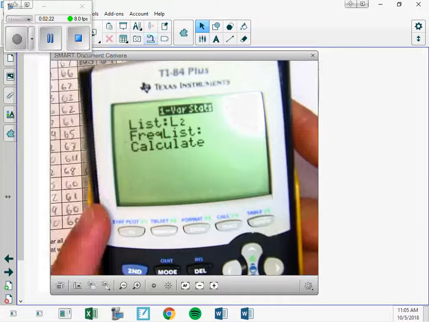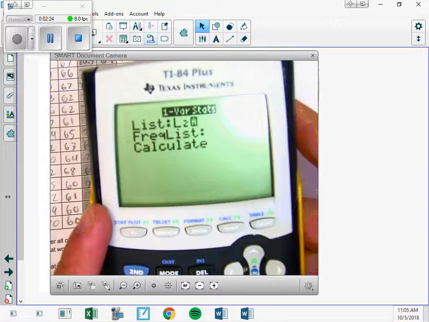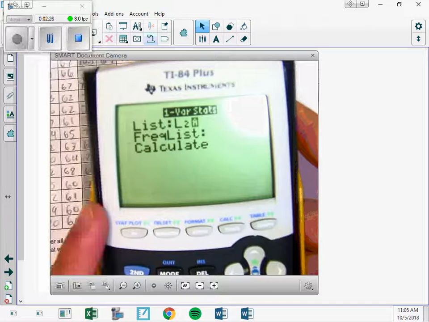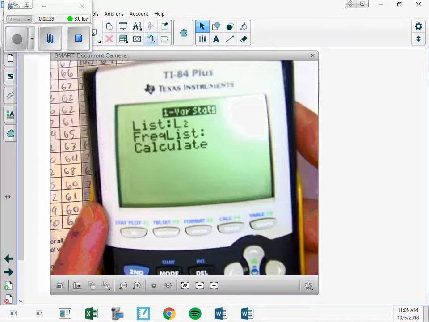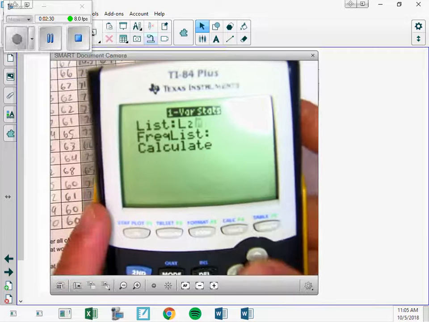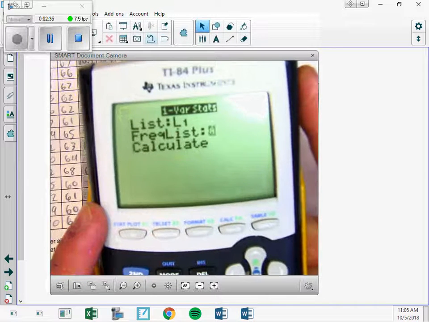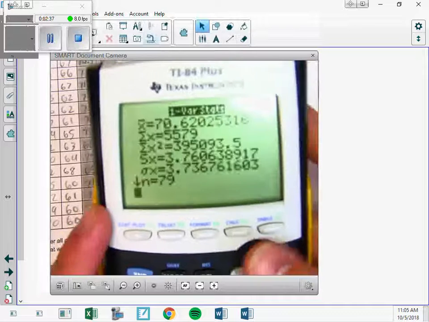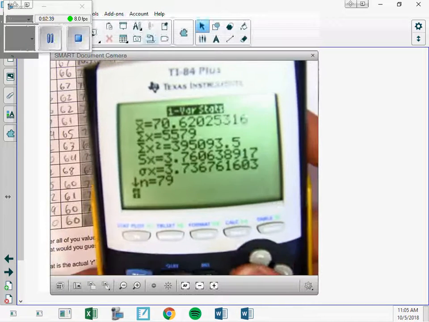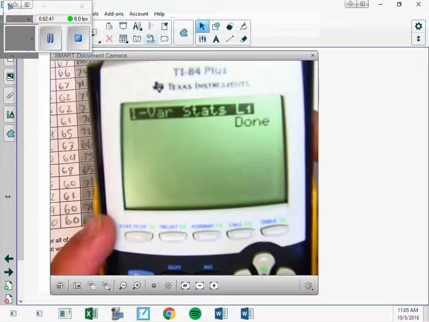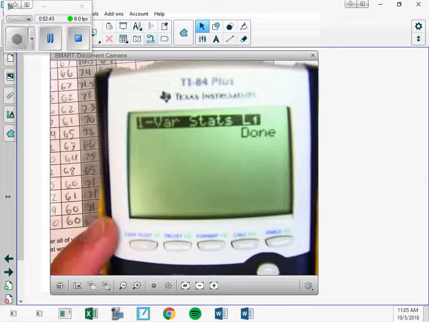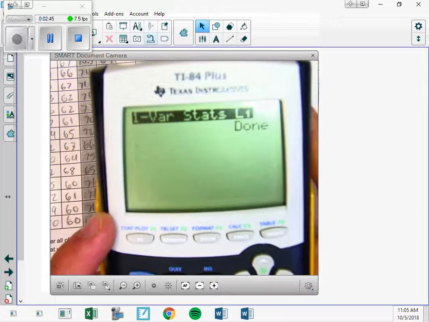If your calculator just says one variable stat and not all this other stuff, then just put L1 right after that, or L2, whichever one you want to do. So your calculator might just look like this. One variable stat, and then just put L1 right next to it.